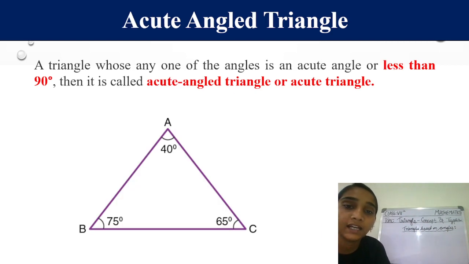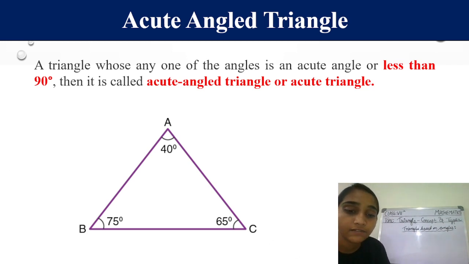Now the acute angle triangle, students. A triangle in which all the angles are acute, less than 90 degrees, is an acute angle triangle. Here all the angles shown are less than 90 degrees, which are 40 degrees, 75 degrees and 65 degrees.